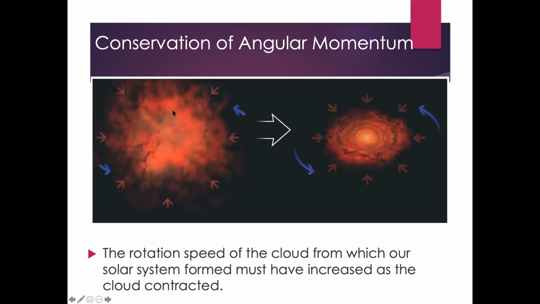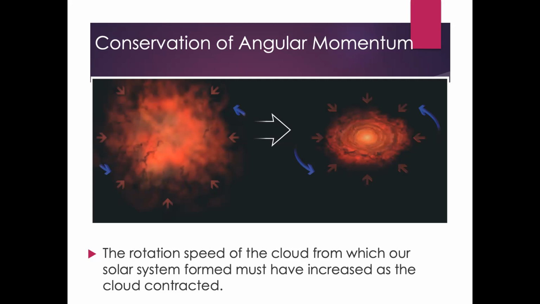the hypothesis that Kant and Laplace had was that our solar system was born from a giant cloud called a nebula, hence the nebular hypothesis. There are nebulae all throughout the universe, and these giant clouds of gas are slowly rotating, very slowly.